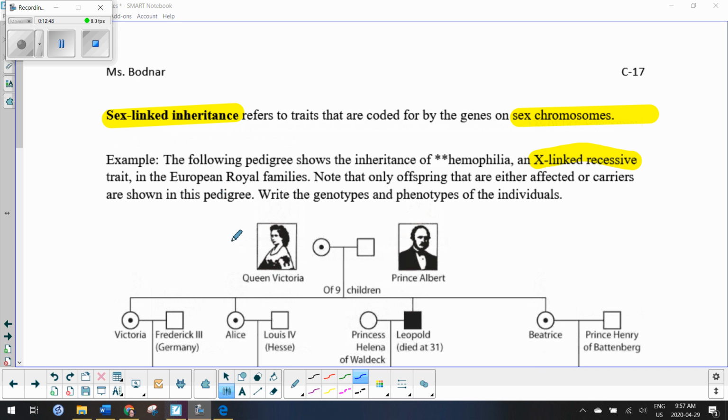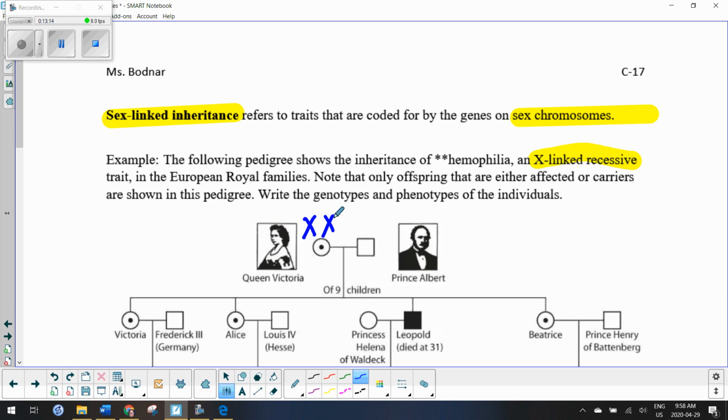Write the genotypes and phenotypes of individuals. Okay, so remember back to the beginning, the dot represented a carrier of an X-linked recessive trait. We do have an X-linked recessive trait of hemophilia. So this means when I have sex-linked, I have to have XX or XY included. Okay, so this is a female, so I know that this is going to be XX.